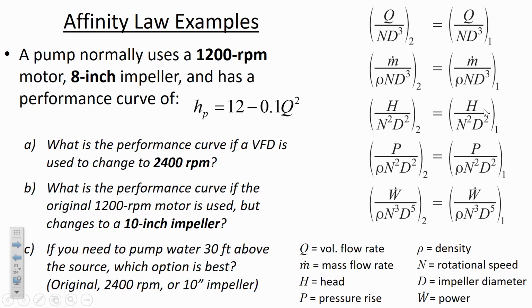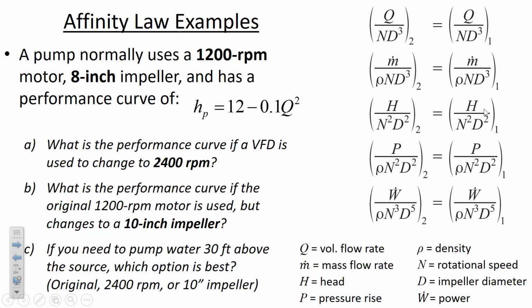I guess I should have boxed that, not this intermediate one, because what we're going to substitute into the original pump curve are these two expressions. We know now Q2 versus Q1. We know H2 versus H1, and we can put it into the original pump curve that we were given for this first situation.